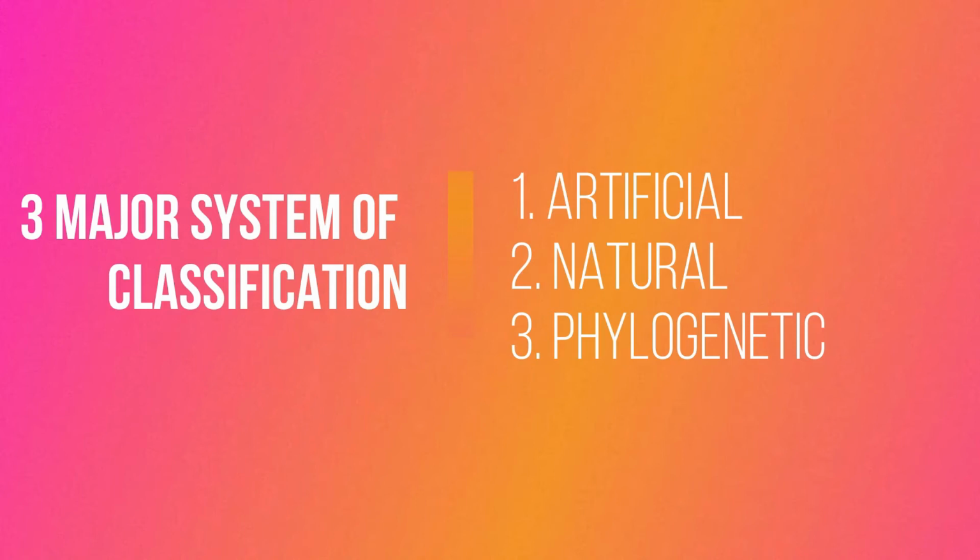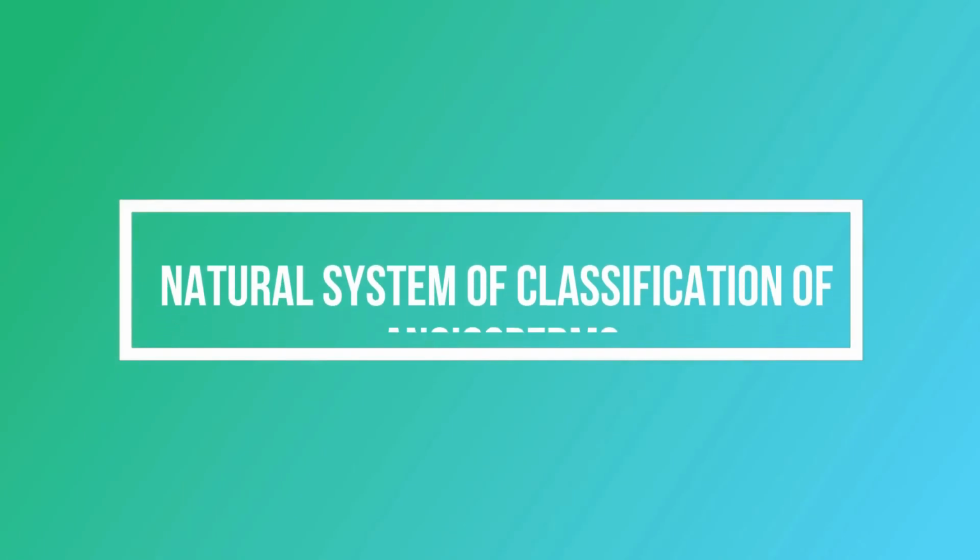Now, there is a purpose why I am bringing all these things in the introductory part of our class today, when we are going to see about the distinctive characters and the economic importance of 10 families mentioned in the syllabus. Now, I am bringing in one of these three systems of classifications given by George Bentham and Joseph Dalton Hooker, the most accepted natural system of classification.